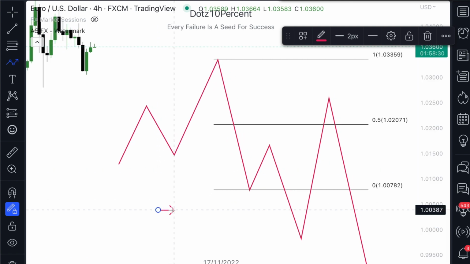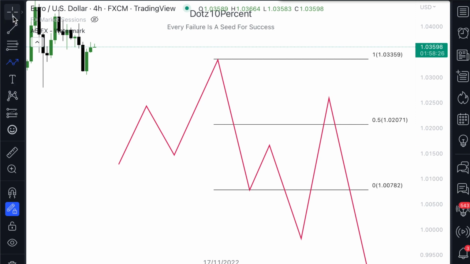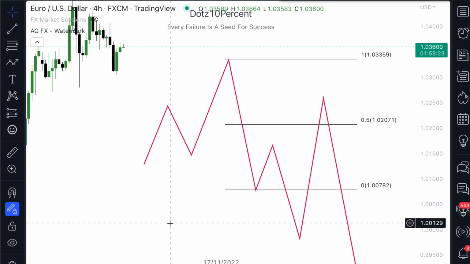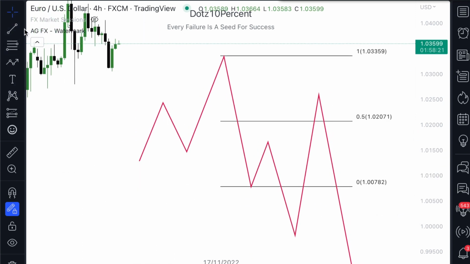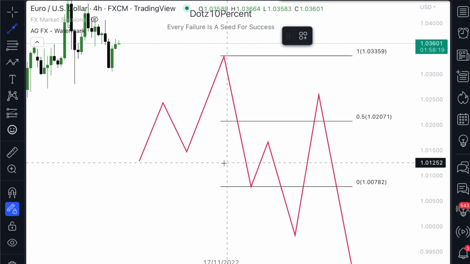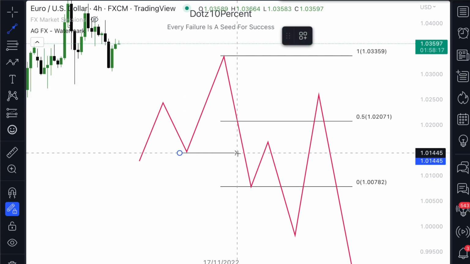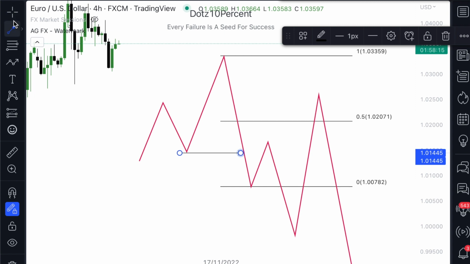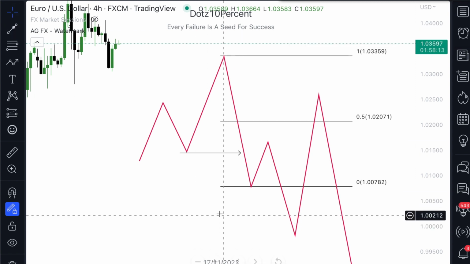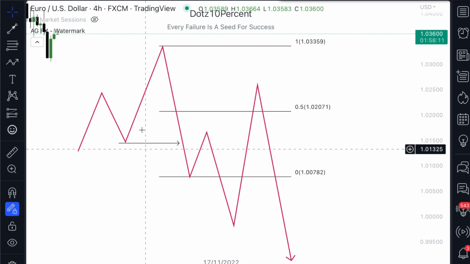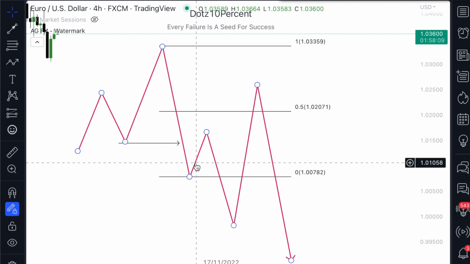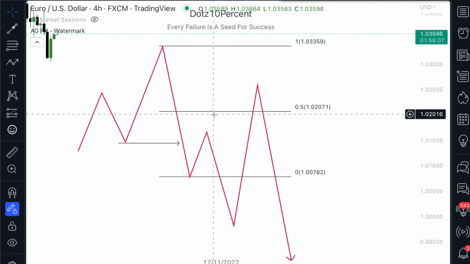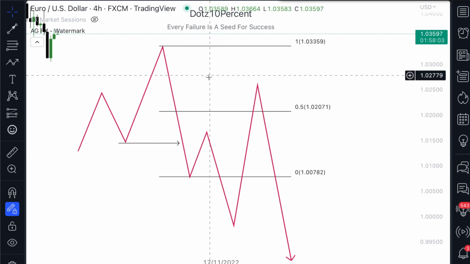Now, what have I marked here? Yeah, let's think about this for a second. This, right? Market structure shift. Market structure shift takes place, and what do we do? We mark high to low. We expect this retracement, right? Fair enough. Quite simple. We want a retracement to the premium.